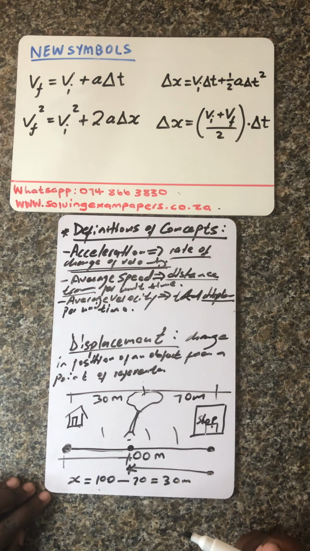The distance traveled, ladies and gentlemen, is that 100 plus that 70 that you traveled on your way back. I'm not really sure if it now makes sense.